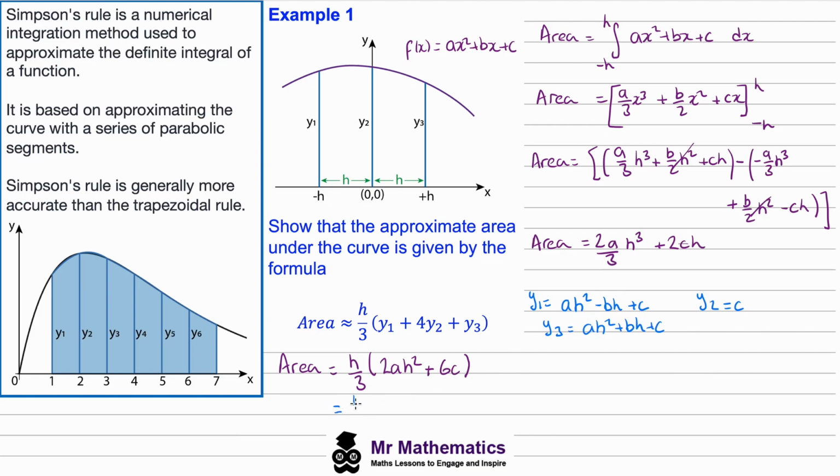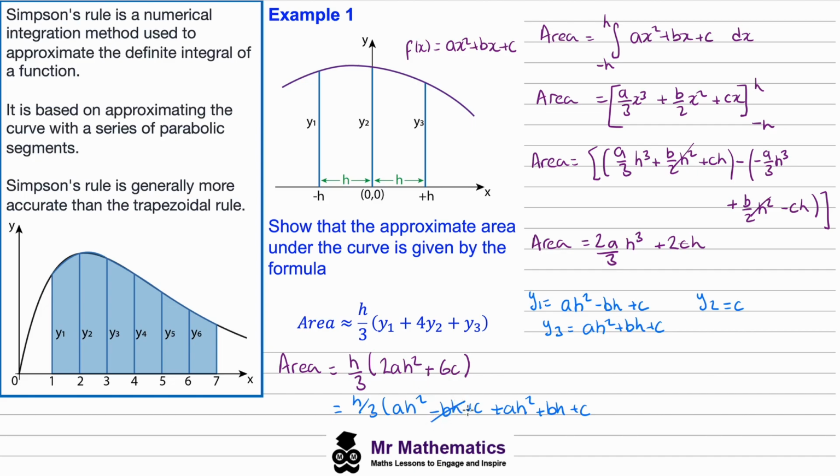If we begin by substituting in y1, we have ah squared minus bh plus c, and then we'll substitute in y3, so another ah squared, this time positive bh plus c. Then you can see this ah squared will add with this ah squared to give us 2ah squared.